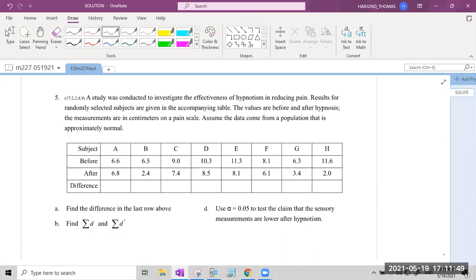The values are before and after hypnosis. The measurement is in centimeters on a pain scale. Assume that the data come from a population that is normally distributed.